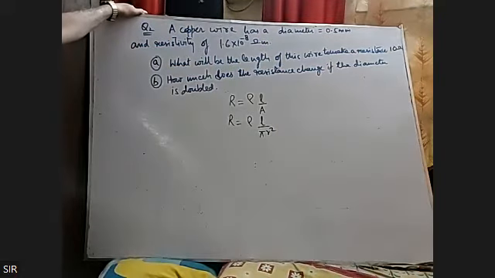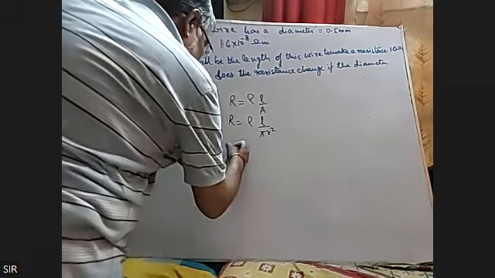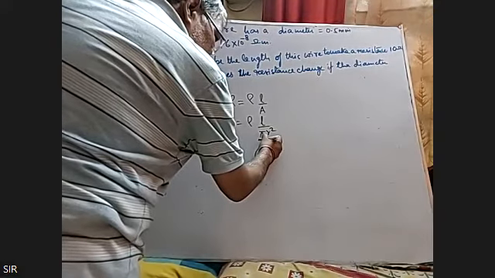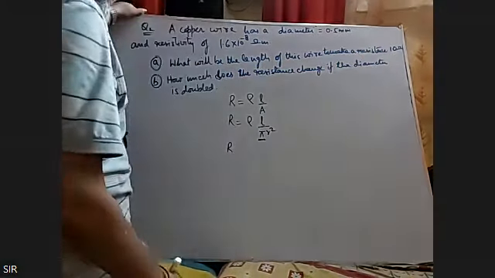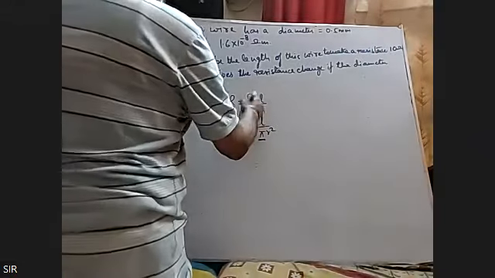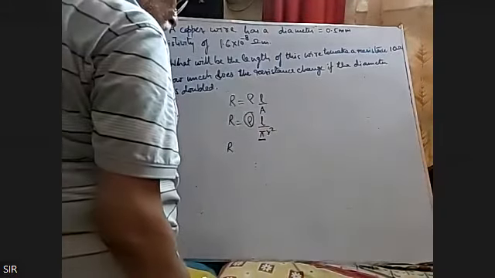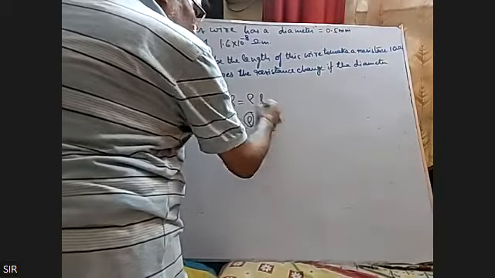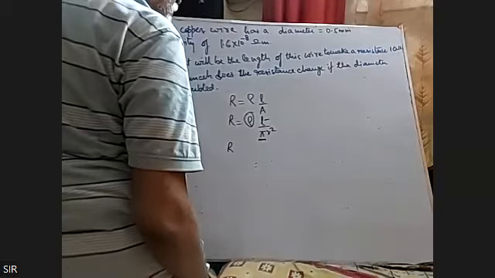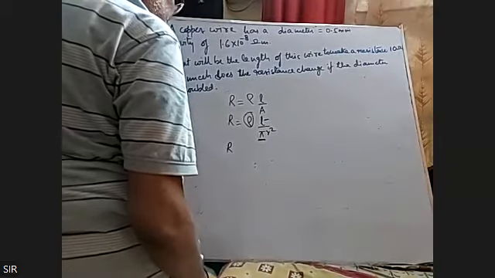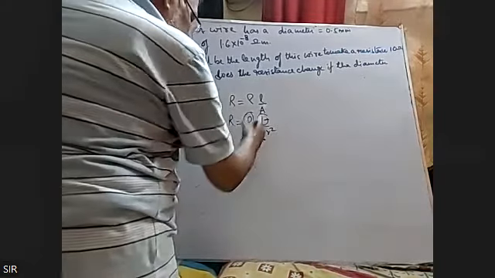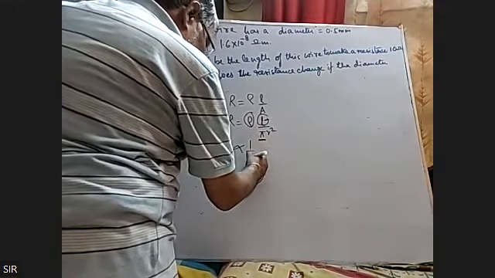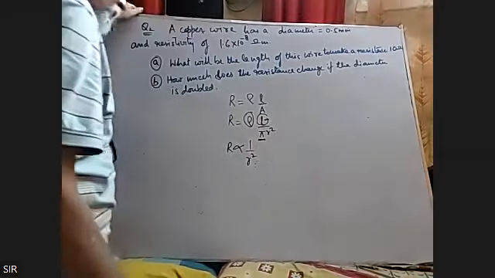Pi is a constant and rho will be constant for copper, and we are not changing the length. So length is also constant. That means R is inversely proportional to r square, or not.